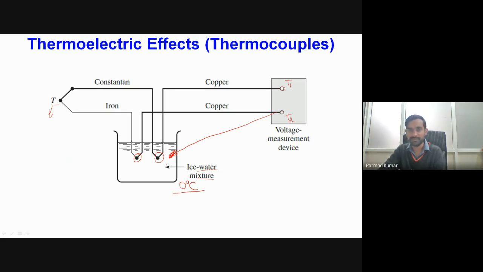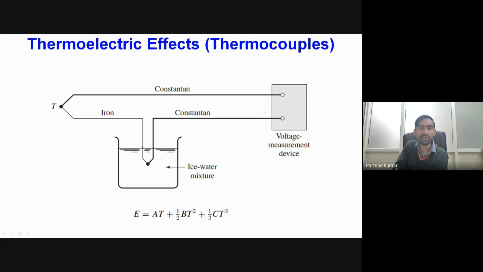Now we can consider one more arrangement. Over here you can see we have one constantan wire, another wire also constantan, and in between we have one iron wire.